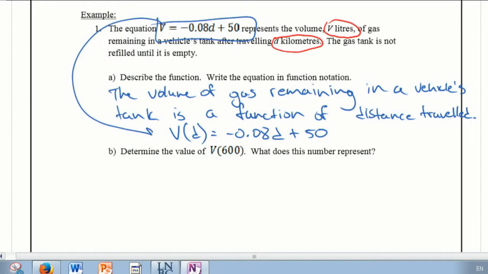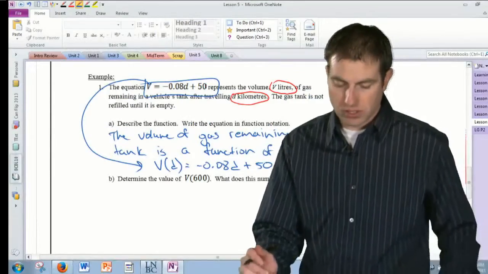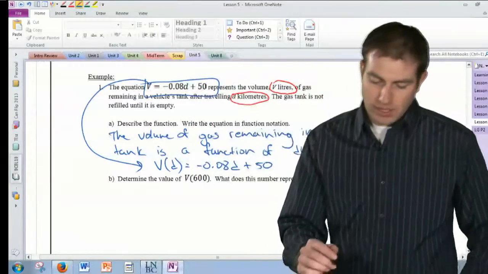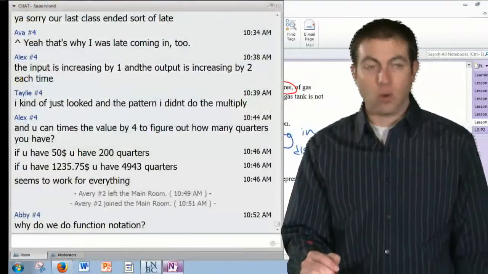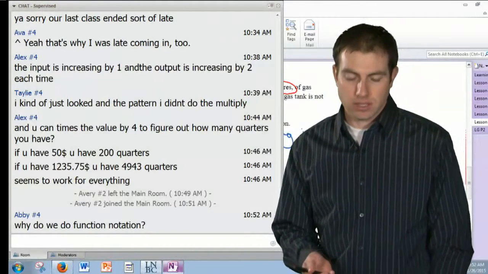So I've just taken a regular old math equation and I've just changed how it looks on one side. Why do we do function notation? That's a great question. The title of the course we're in is Foundations of Math and Pre-Calculus.